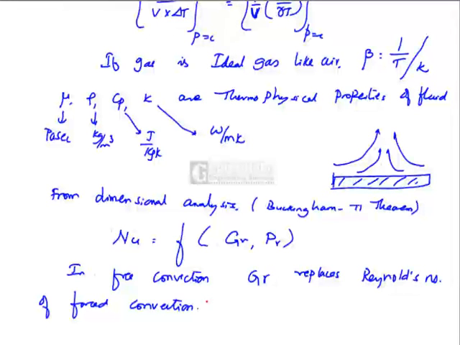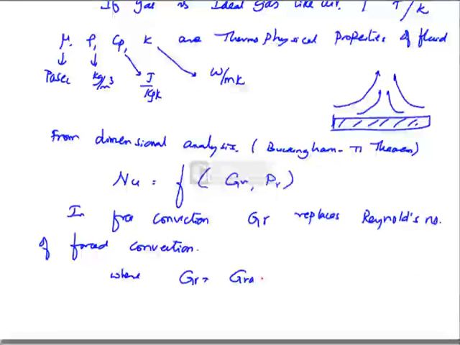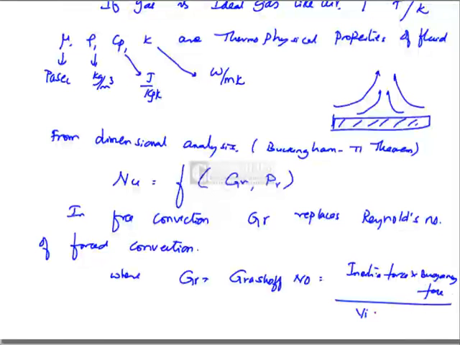In free convection, Gr, Grashof number, will be there, where Gr is Grashof number, defined as inertia force into buoyancy force divided by viscous force whole square.